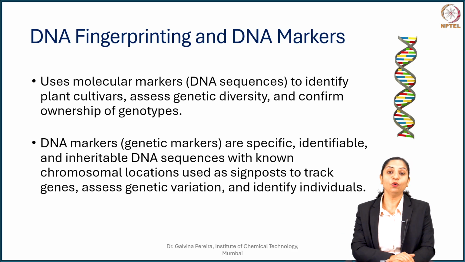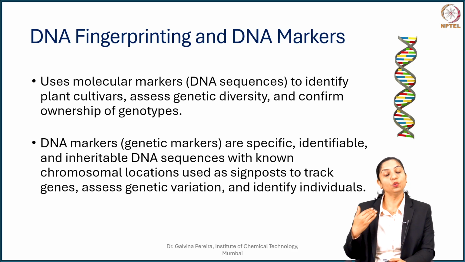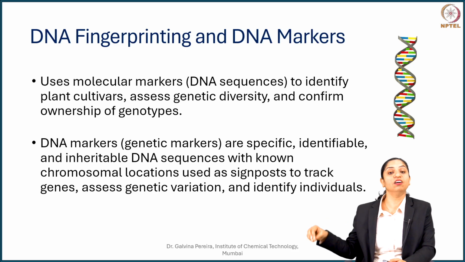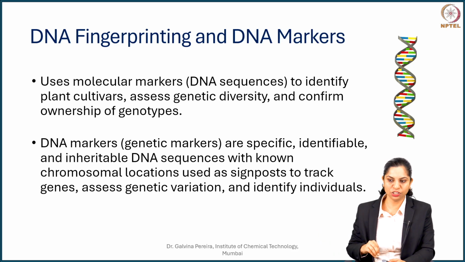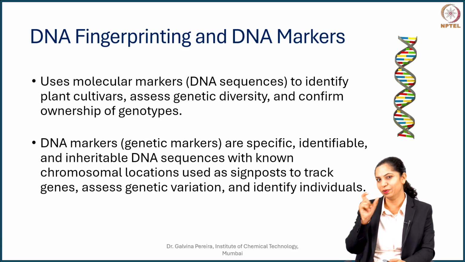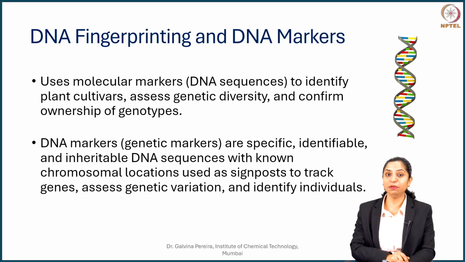Now, how they are going to help us in this particular course is, you can use the very same DNA fingerprint to understand if this herb has been added to the formulation, or if instead of this herb some other herb has been added, because in that case the genetic diversity or the DNA markers that we are looking for would be missing.